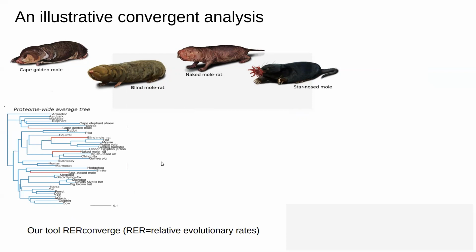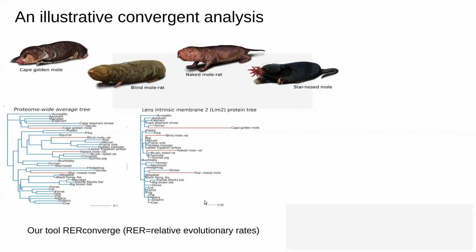And we can try to correlate this phenotype with the underlying sequences of these genomes in multiple different ways, but one particularly effective way is to look at evolutionary rates. So in order to do this, we can take this protein-wide tree of evolutionary rates and contrast this with the same tree, but computed from a specific genetic element or a gene.